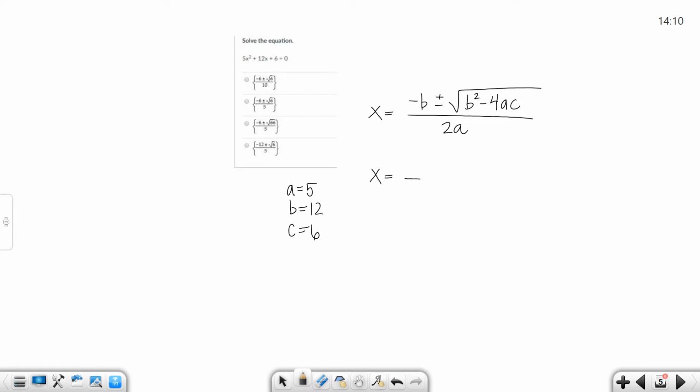So x would equal the negative of b plus or minus the square root of b squared minus 4 times a times c all over 2a.